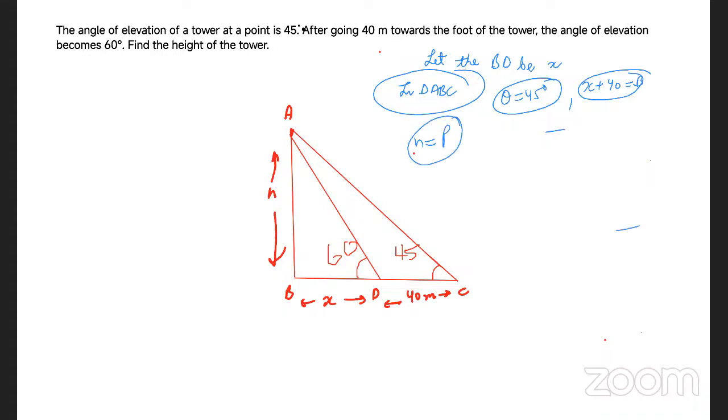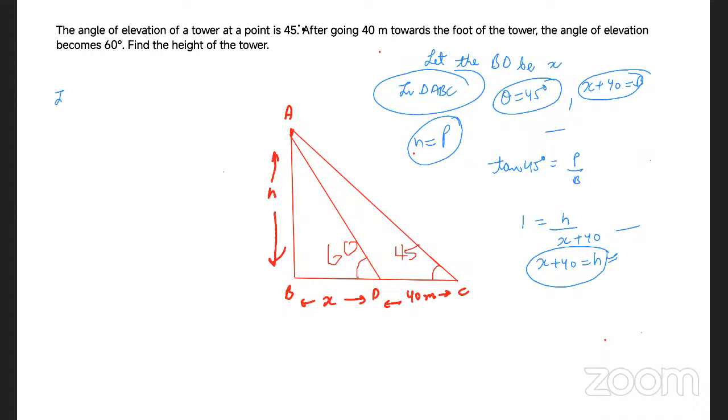Now because we are only using perpendicular and base, I will use tan. So tan 45 degrees equals perpendicular upon base. Now the 45 degree value is 1, perpendicular is h upon x plus 40. So I got x plus 40 equals the height. Understood? Yes or no? Abigail?